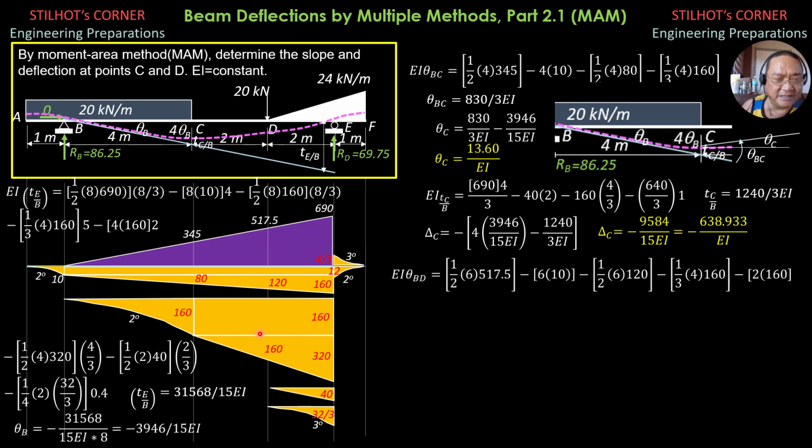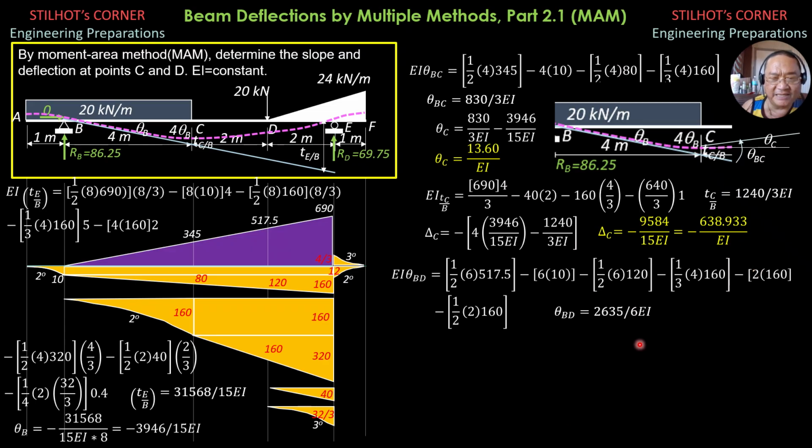Then take note there is a rectangle here, which is minus 2 times 160. Then minus this last area, 1/2 of 2 times 160. So theta BD is 2635 over 6 EI, and this is positive, meaning to say counterclockwise.